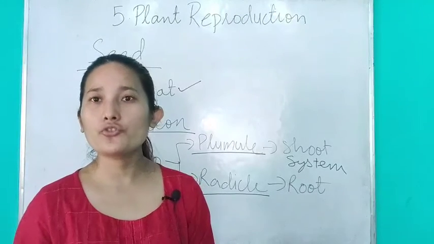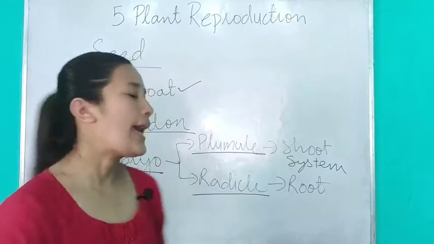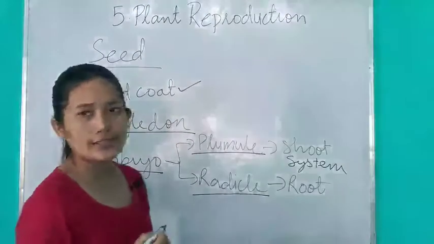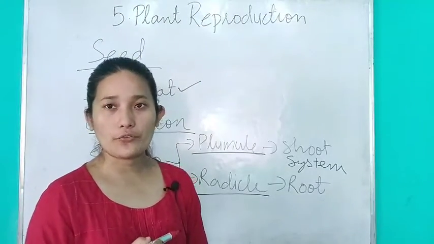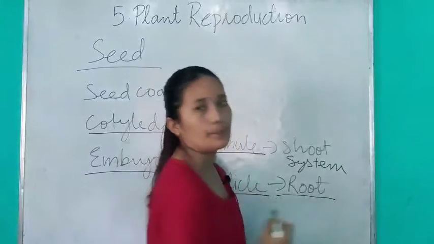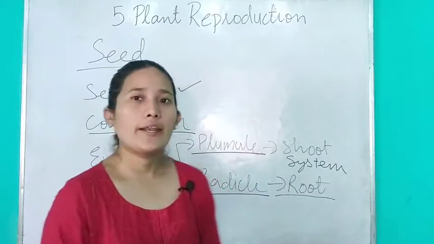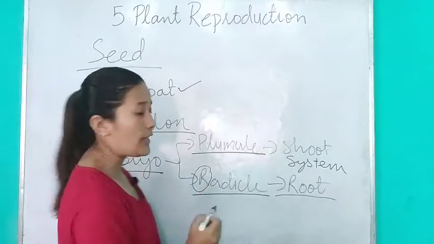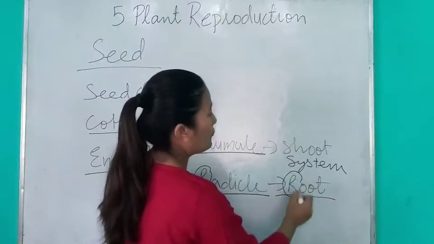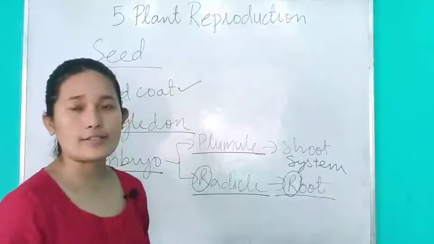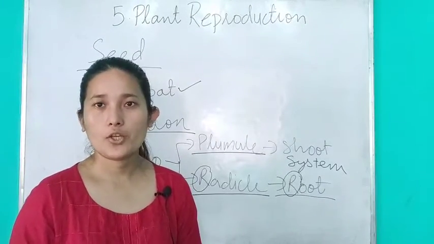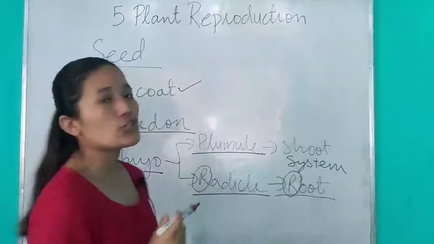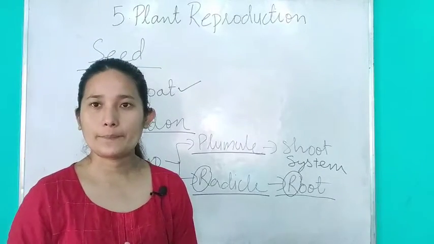Another part is the radicle. The radicle later on gives rise to the root system. For convenience of remembering, R for radicle, R for root. So these are the basic structures of a seed.